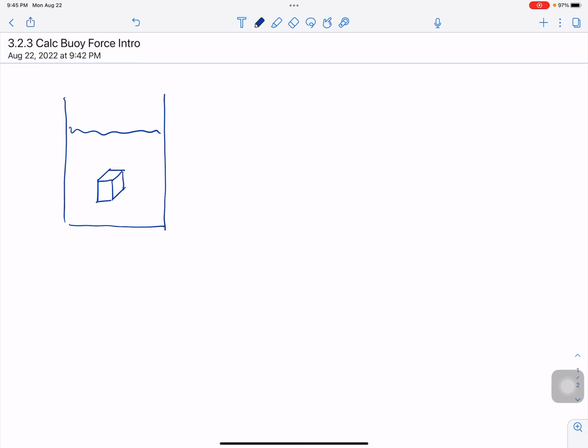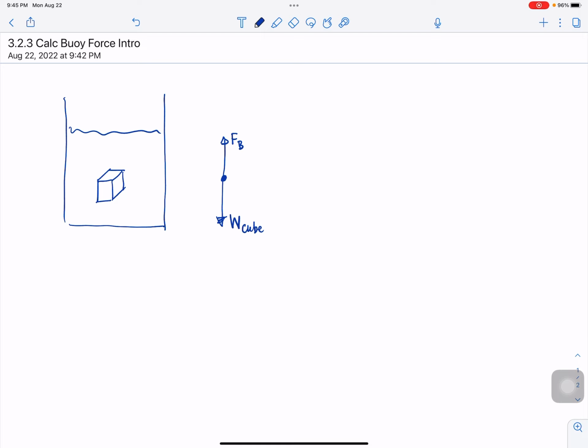So this object, anytime an object is immersed in a fluid, there is a buoyant force. So we are immersed in a fluid, the air, and there is a buoyant force holding us up. And so if we were to do a free body diagram of this cube, what we would have is the weight of the cube going down, and we would have the buoyant force upwards.